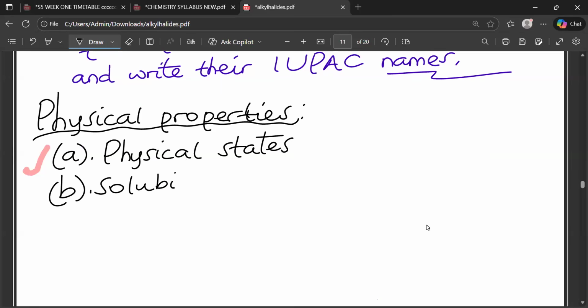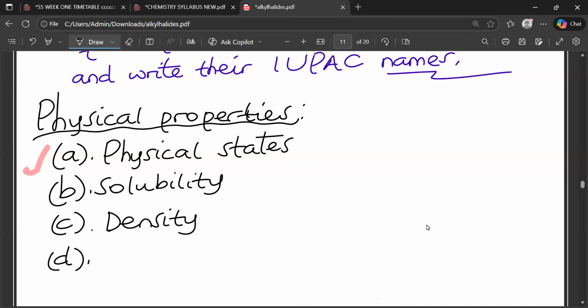Solubility, just use the internet and make your own notes. Then after, I talk about the density. There are books that differentiate boiling points from melting points, which is also okay, not bad. But some books combine them, which is better.